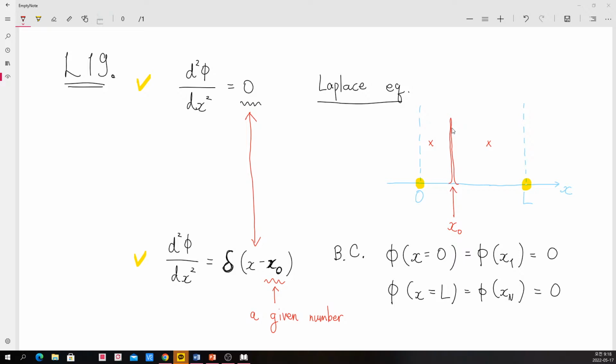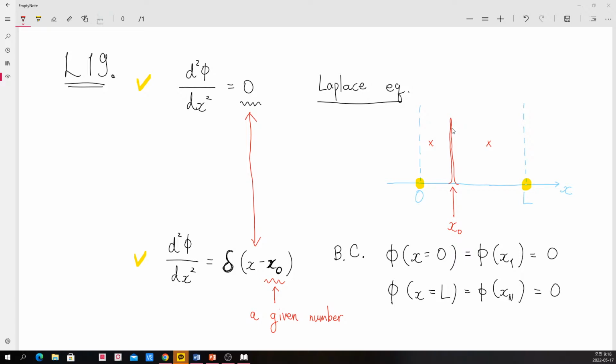Why are they different? In the case of the Laplace equation, we just observe the response of our solution variable with respect to the terminal excitation. We can apply one volt to the right contact, or we can apply one volt to the left contact.